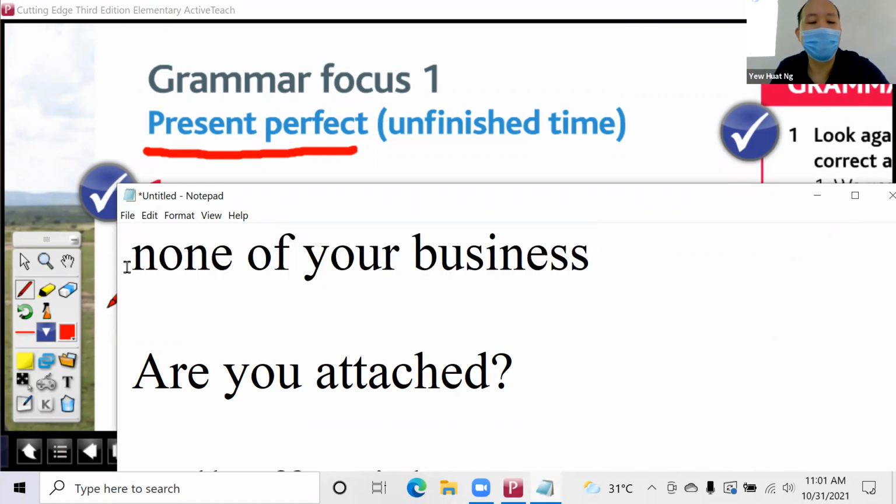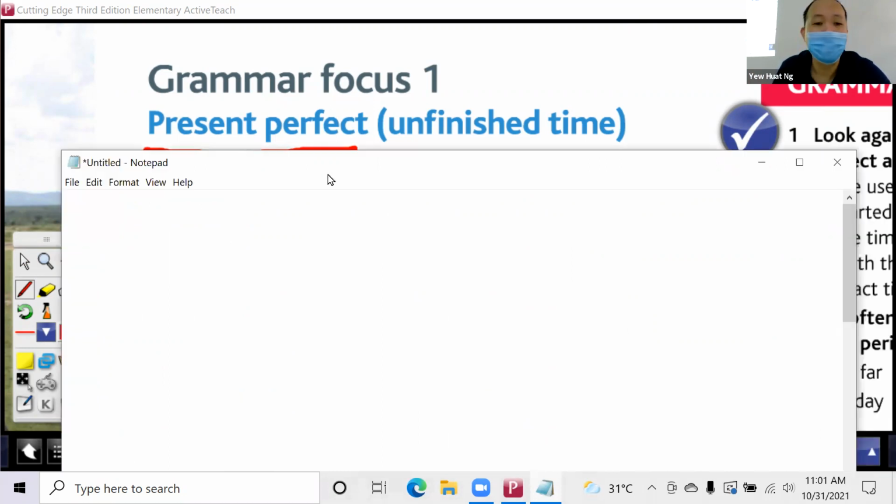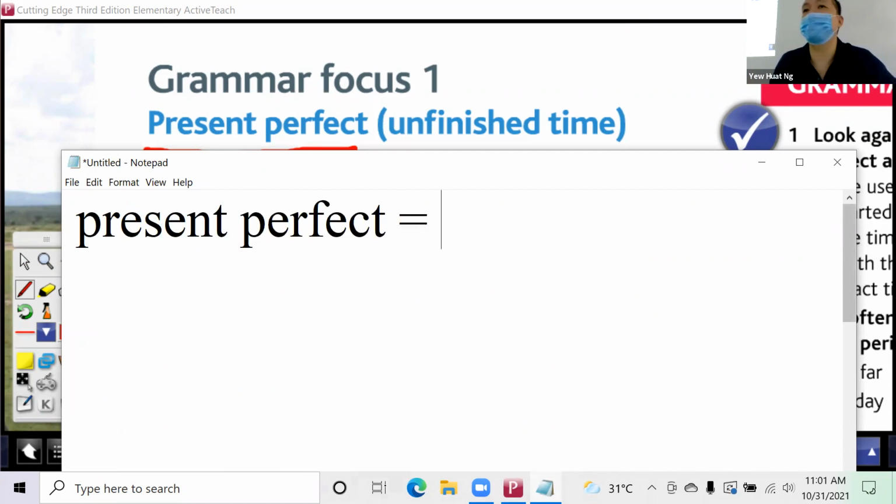So before we start reading on this, I want to talk about the present perfect. When I talk about the present perfect, there's one word in my head. What is that word? The word is already.